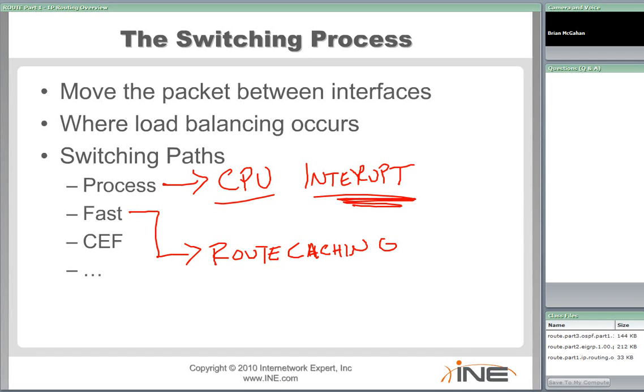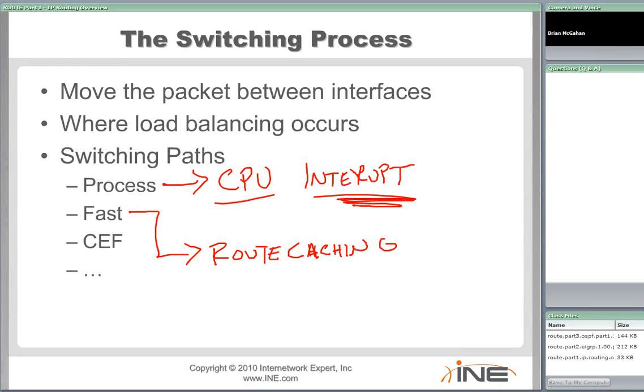We need to do process switching to ask the CPU where it's supposed to go. Once we figure out where the packet's supposed to go, we take that result and put it into a routing cache. And now we can use the cached information for all subsequent lookups. So we're routing it once and then switching it many times.